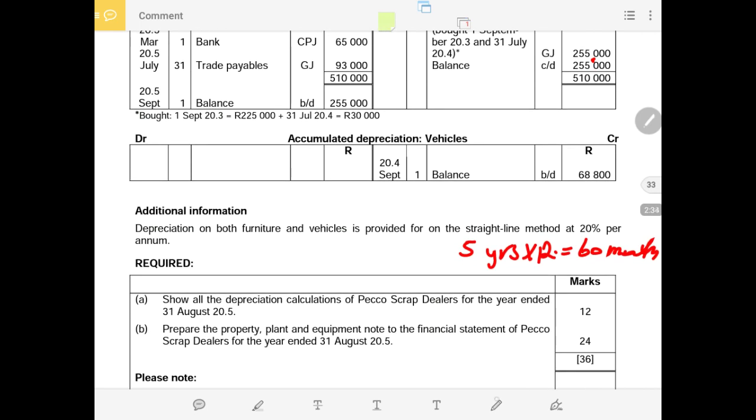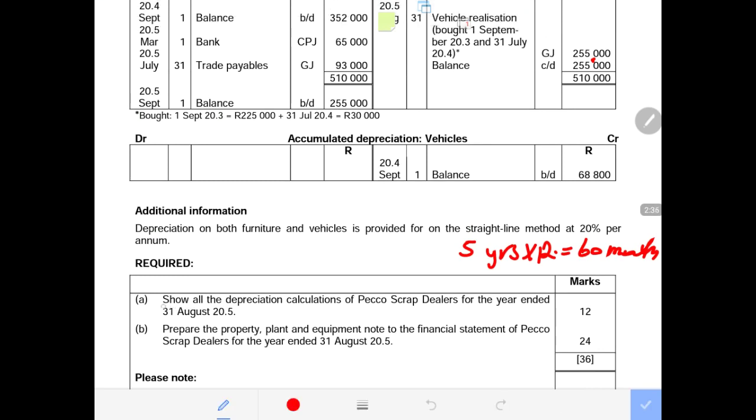Now we are required to prepare, or to show, all the depreciation calculations of Pecco Scrap Dealers for the year that ended 31st of August 2005.